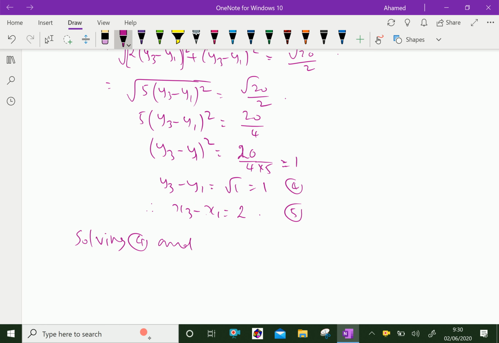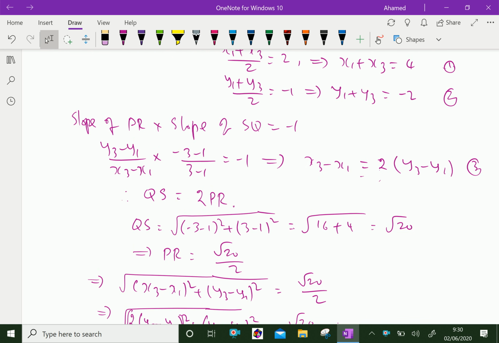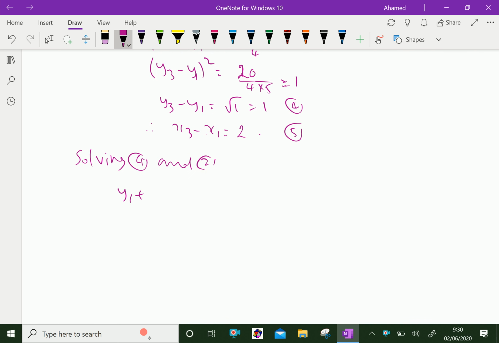Now solving equations 4 and 2. Here we already have y1 + y3 equal minus 2 and y3 - y1 equal to 1.